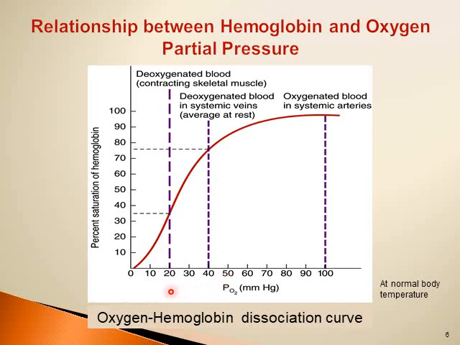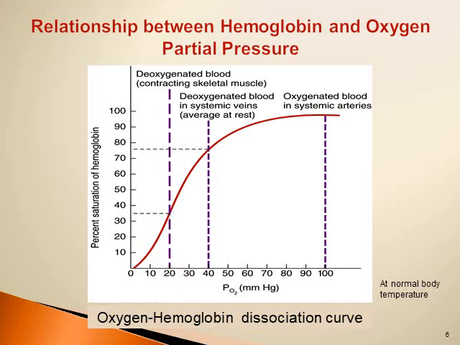We can see much lower partial pressure of oxygen in the blood in actively contracting muscles that extract a large amount of oxygen, so the partial pressure of oxygen can go down to 20 millimeter mercury.